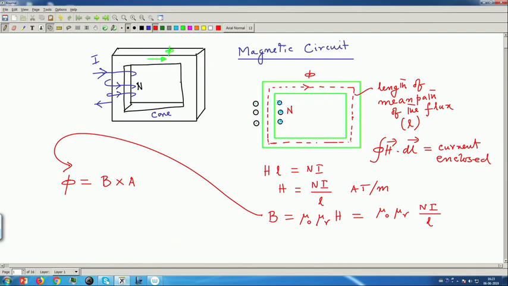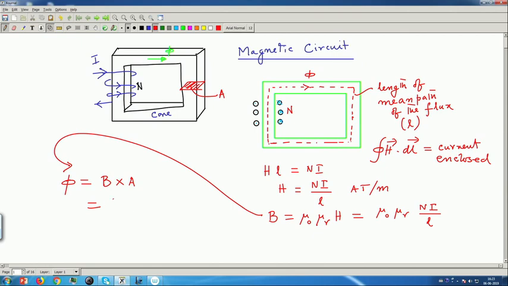A is this cross sectional area, through which flux will be flowing. So, this is A. Okay. This cross sectional area is perpendicular to the flux at any section. Therefore, flux in Weber will be B into A, and B I have already calculated.